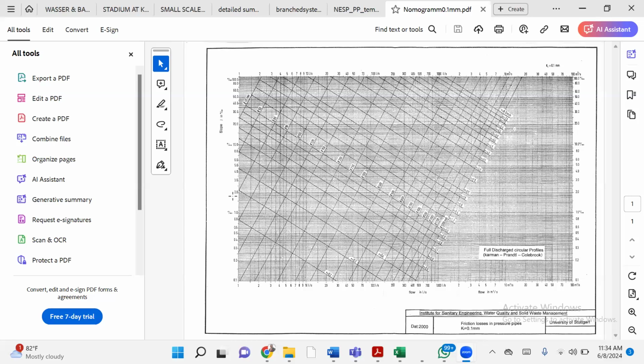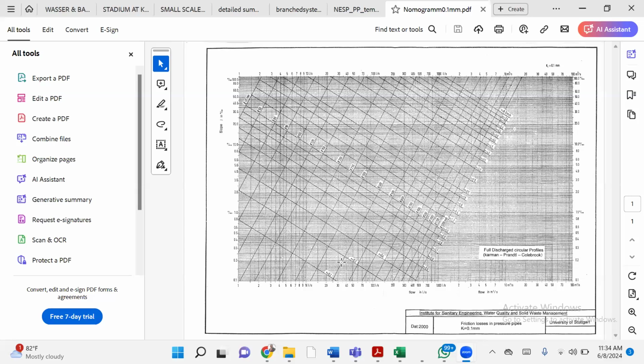The first pipe is 37 liters per second. You now come to this chart and you look for 37. And we say the slope is 0.5%.